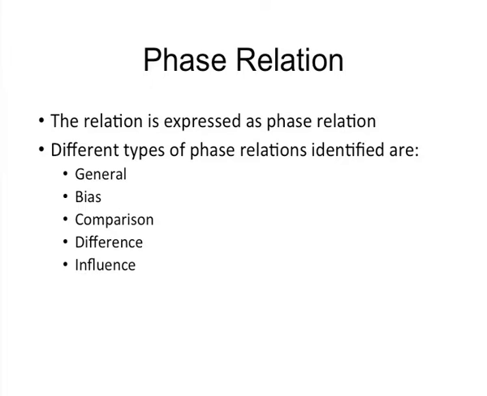Now, these phases Ranganathan has identified as general phase, it could be a comparison phase, it could be a difference phase, it could be a bias phase, it could be a tool phase, or it could be an influence phase. I will explain each of them one by one. So, as the name says, general phase is the easiest to understand.